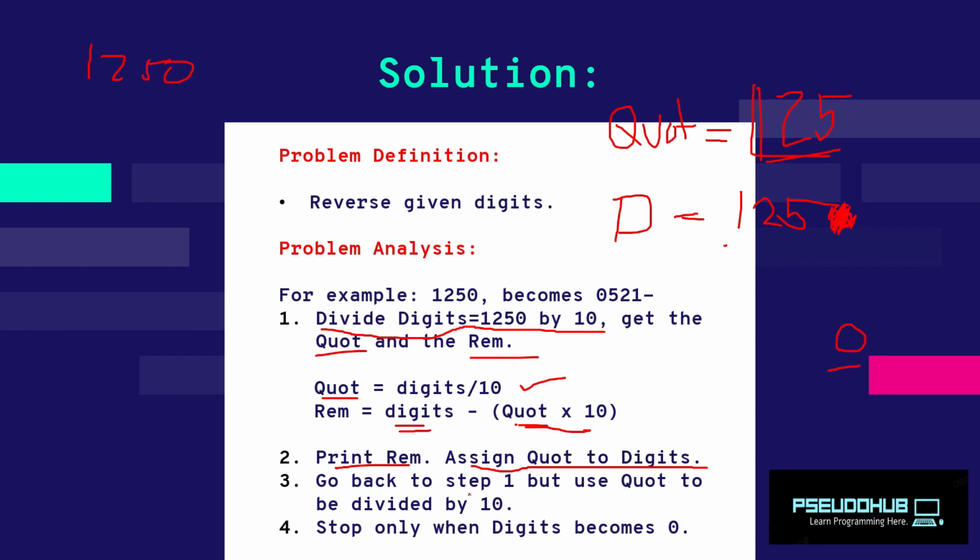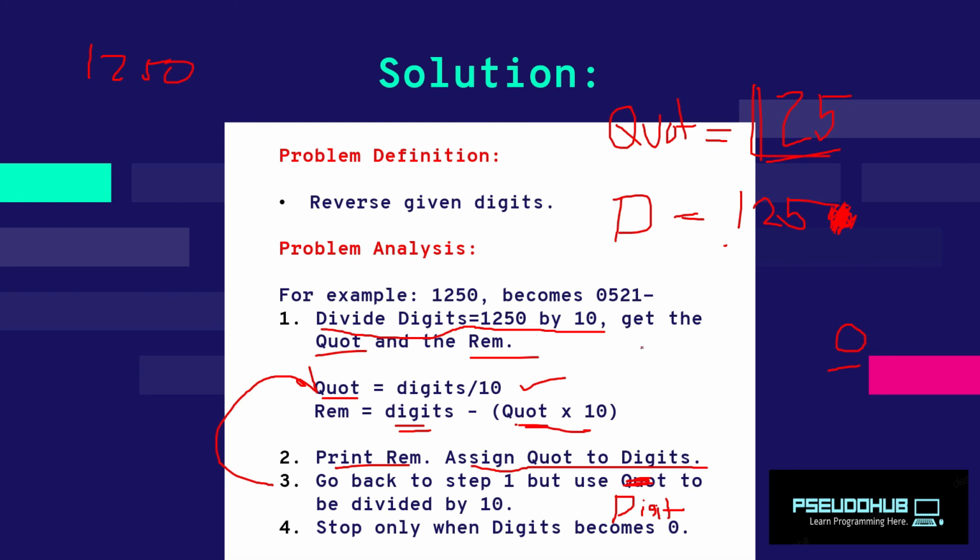Go back to step 1, but use quote to be divided by 10. Actually, this is wrong. It should be use digit. So go back to step 1, but use digit to be divided by 10. So we go back to step 1.